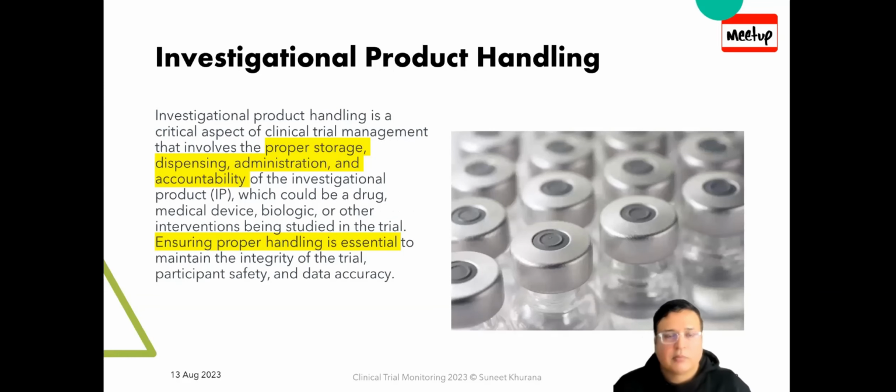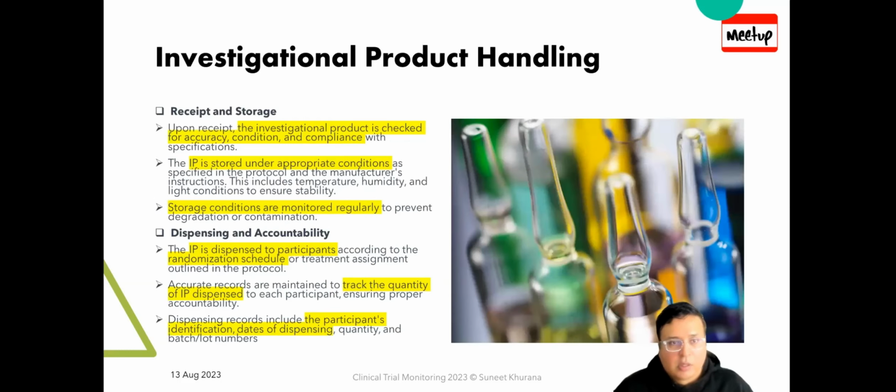The next area in which the monitors look is investigational product handling. They make sure that the drug is properly stored, received, dispensed, administered, and accounted for. You have to maintain logs, like when the IP is received.